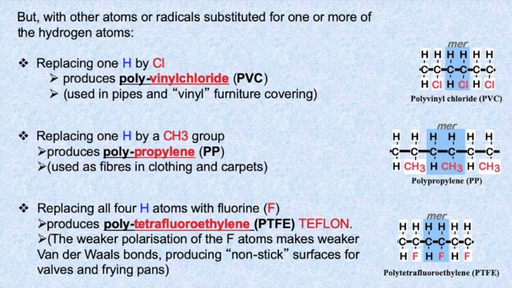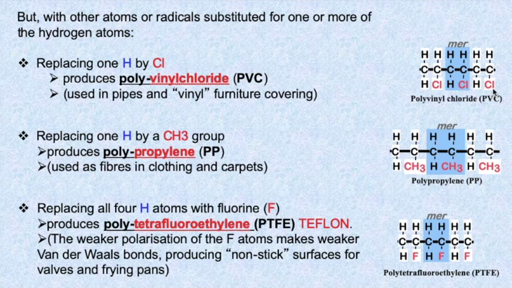So if you replace one hydrogen with chlorine, you get polyvinyl chloride. That would be a monomer or the mer. So this next to another one continues as a chain. The only difference being you replaced one hydrogen with chlorine there. That changes the polymer completely, and you get a different polymer, which is polyvinyl chloride.